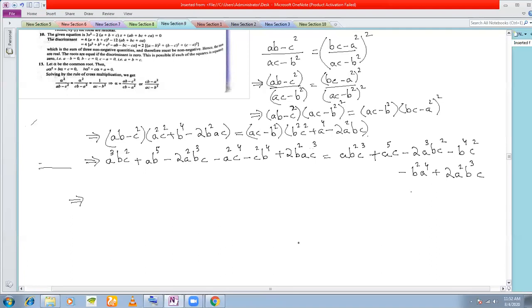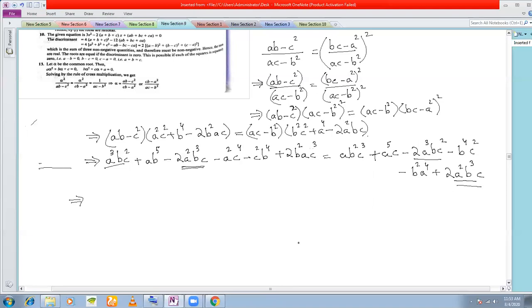So now what to do with this? What are the like terms? a cube bc square. You have a cube bc square here, you have a cube bc square here. Okay. You have a square b cube c, you have a square b cube c. Next, what are the like terms here?